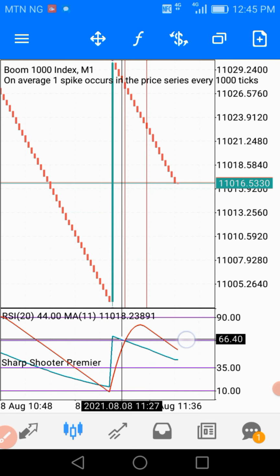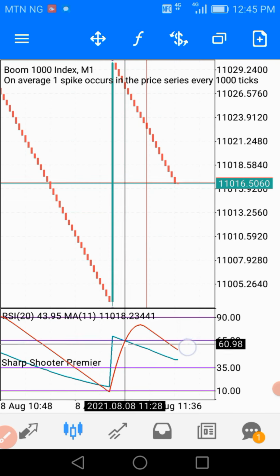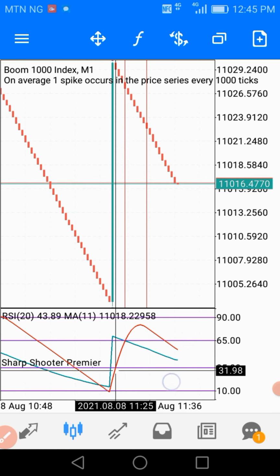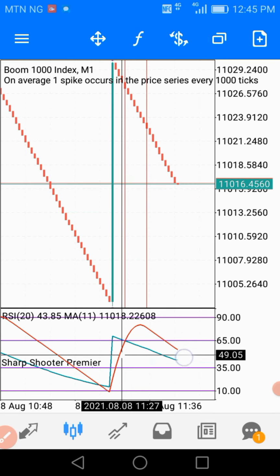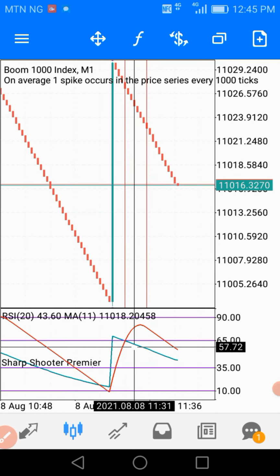But for better result, between the third and fourth candlestick, you look out for a crossing whereby the red moving average crosses the blue relative strength index from down moving upwards. That crossing must take place at the 65 level or above, but it must be between the 65 level and the 90 level of the relative strength index on indicator window 1.